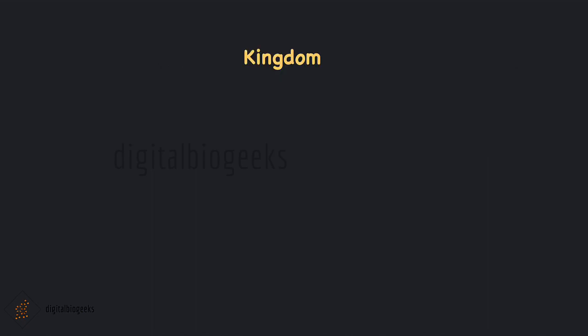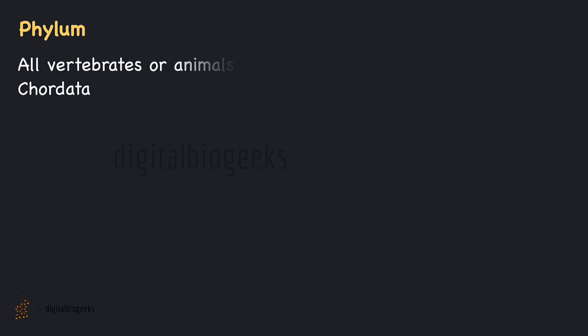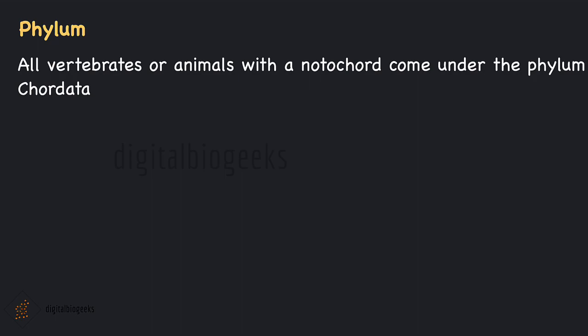Kingdom is the highest level in the hierarchical classification and divided into two kingdoms. Kingdom Animalia composed of all animal species and Kingdom Plantae encompassing all plant species. Next in the hierarchy is the phylum. Animals again can be categorized into phyla based on their common features.